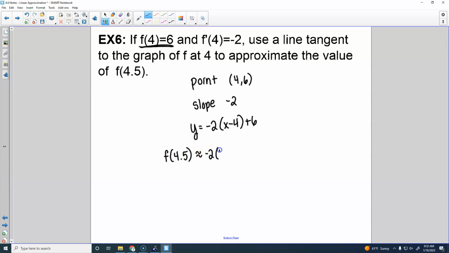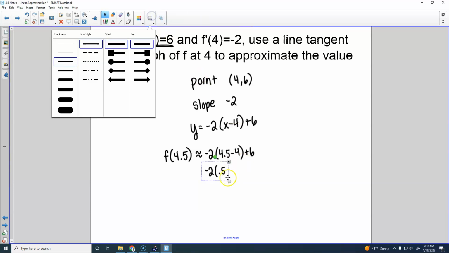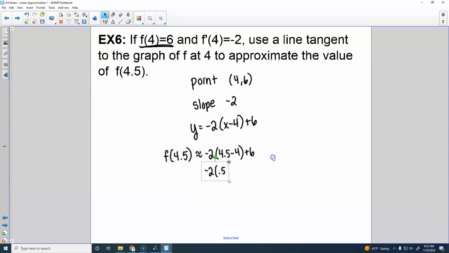And then we're going to simplify here, 0.5, negative 1 plus 6, so we get 5 as our approximation.